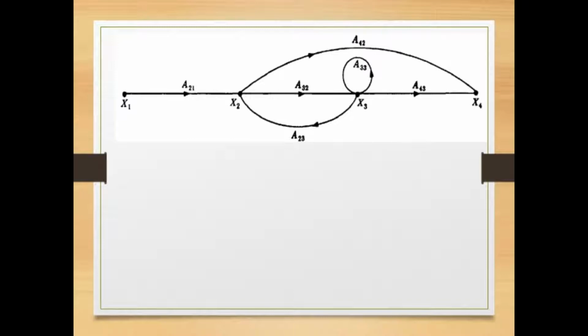The first thing we'll consider is the node variables. You can observe there are 4 nodes, each representing a variable: one node at x1, next x2, next x3 and x4. So the node variables are x1, x2, x3 and x4.